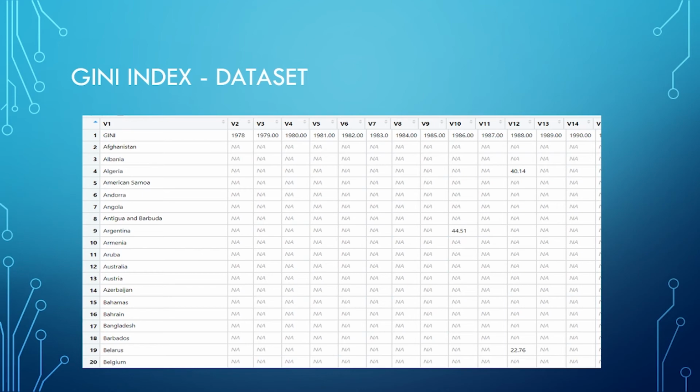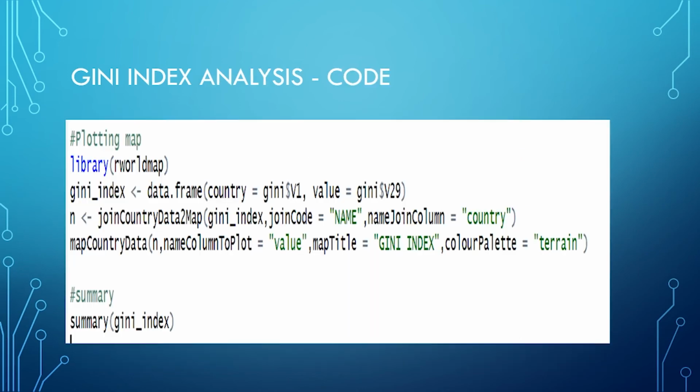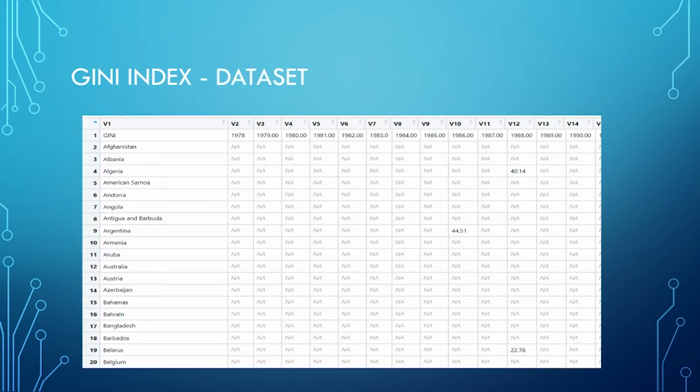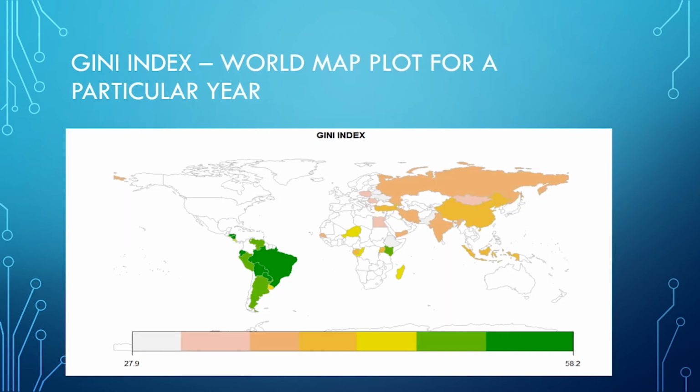So I am taking the value for 2006, and I am just using the function joinCountryData2Map. It just maps the country which is available in the map and which is available in the data set, and then it will plot by using mapCountryData function. So we could see the map over here.